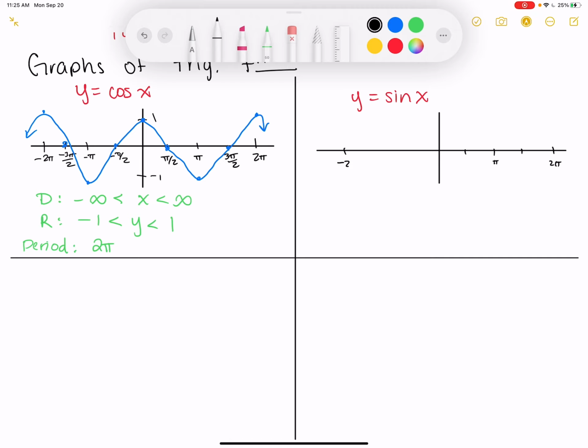I'm not going to label all of these points because I don't need to. So the domain, range, and period are all the same for sine.